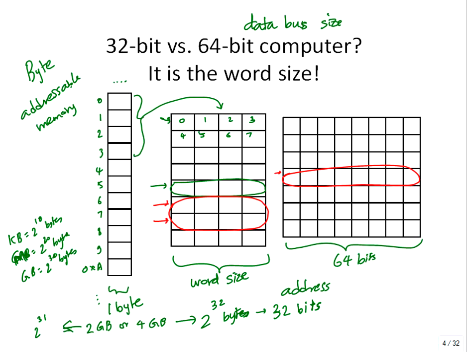So every time with one address access, you can get multiple bytes. In a 32-bit computer, you get 4 bytes. In a 64-bit computer, you get 8 bytes. So theoretically speaking, a 64-bit machine can run twice as fast as 32-bit.